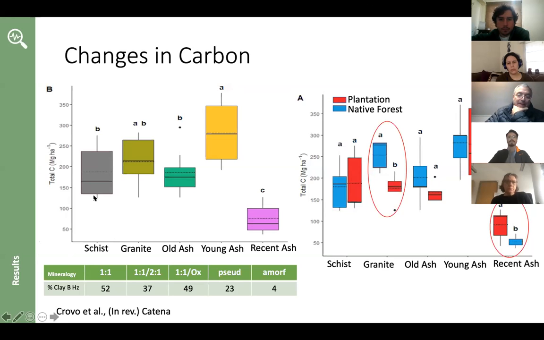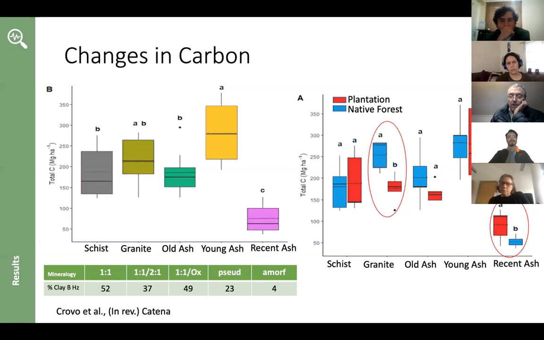The carbon stocks are highest in the andesol and the granite. The schist and old ash have intermediate values, and the lowest values are in the recent ash, which is mostly a sandy soil.